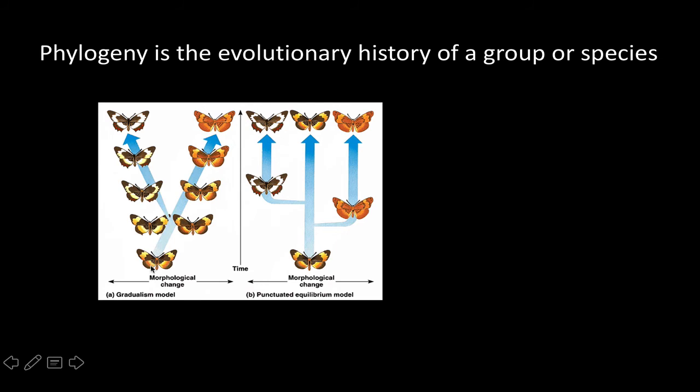So here, here's a common ancestor, and that common ancestor is going to branch into two different species. They become isolated at this point. Here's the last point you see the common ancestor. That common ancestor becomes isolated into two different groups, and this group changes and becomes one species over time.